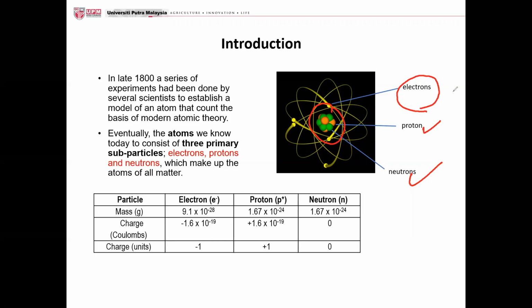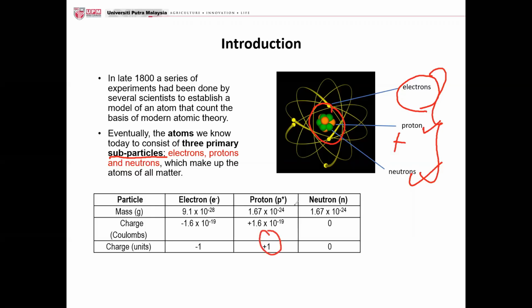These three tiny particles are called subatomic particles. The electric charge of proton is positive, or positive 1.